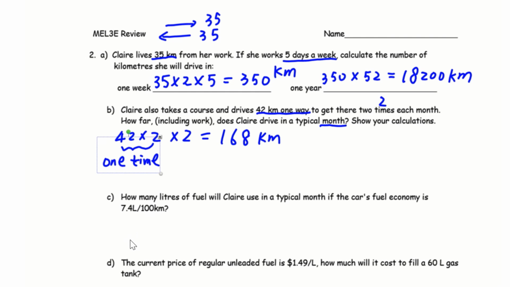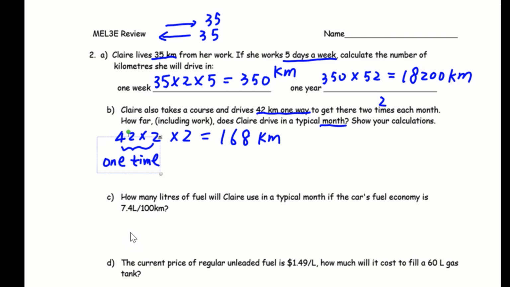The first thing we want to find is how far she travels in 1 month. So this is for 1 year. We divide by 12 to get 1 month for work. So divide by 12, and we have around 1,517 kilometers for 1 month.